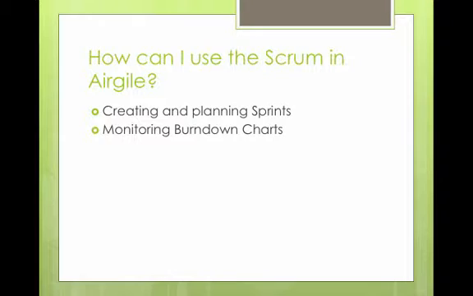There are dozens of concepts and methodologies related to Scrum, and Airgile focuses on two of the main ones. One is creating and planning sprints, and the other one is monitoring burn-down charts of multiple projects simultaneously.